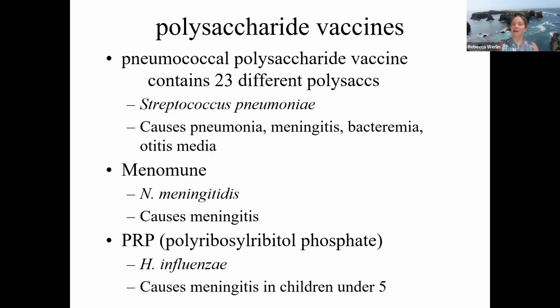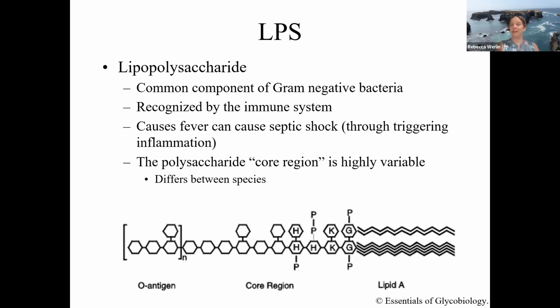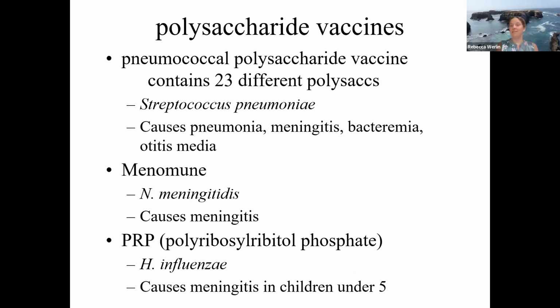So there's Streptococcus pneumoniae, and we can actually use some of its sugars on its surface to make a vaccine. Neisseria meningitidis has this polysaccharide on the surface, and we use that to make the meningitis vaccine. You have Haemophilus influenzae, which also has sugars on its surface.